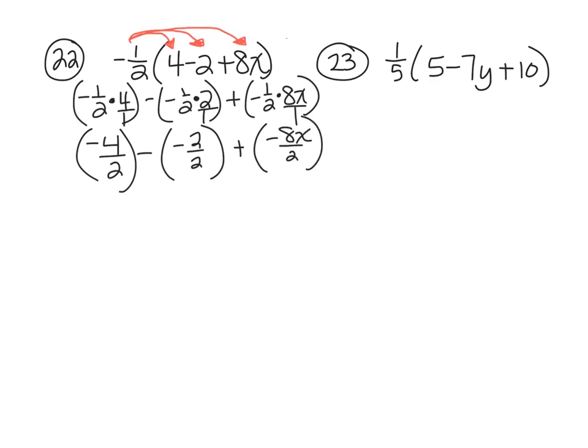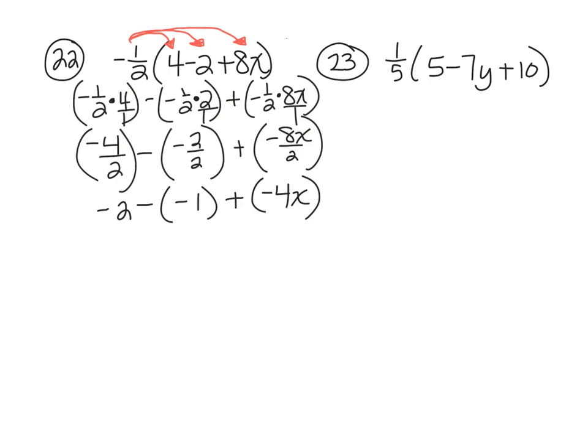Now let's simplify. Negative 4/2 is the same as negative 2. Negative 2/2 is the same as negative 1. And negative 8/2 x is the same as negative 4x. So all I did was take each of those and treat that fraction as a division question.